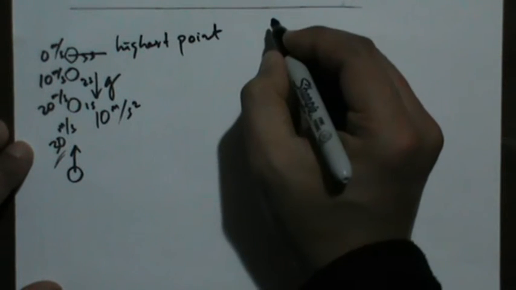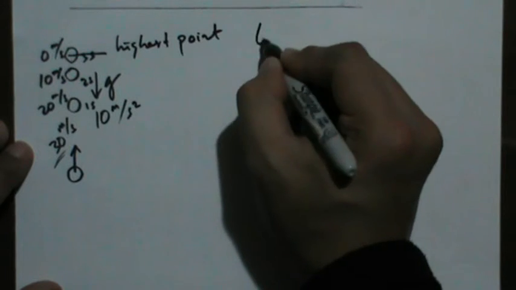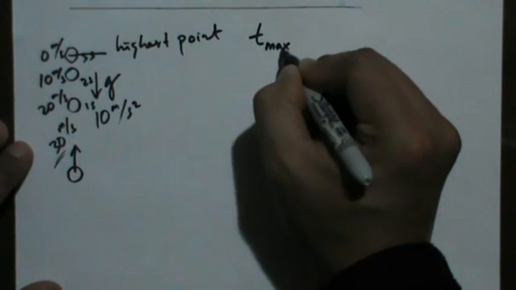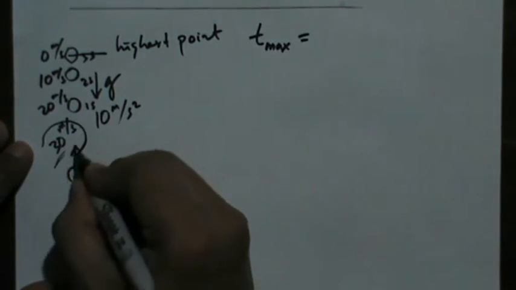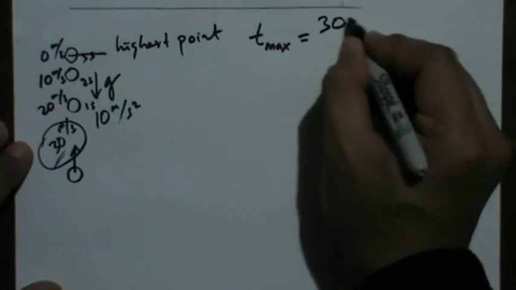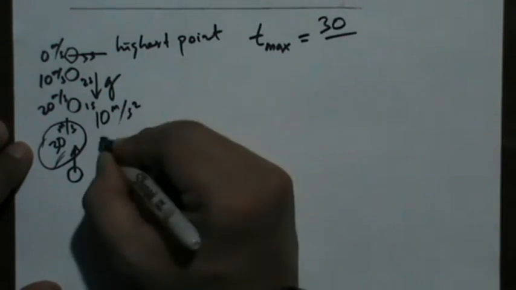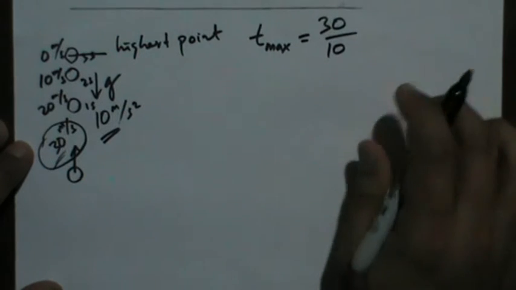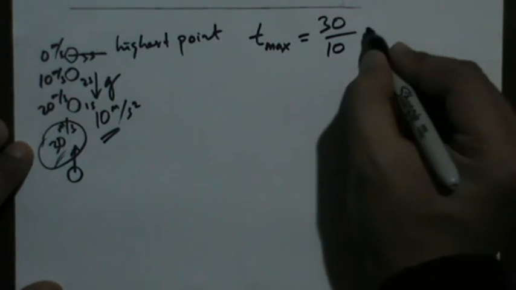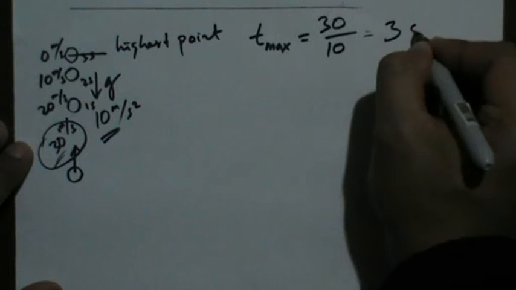Here you can also find the time to get the maximum point, and that's just the initial speed 30 divided by the gravitational acceleration 10, and you get 3 seconds.